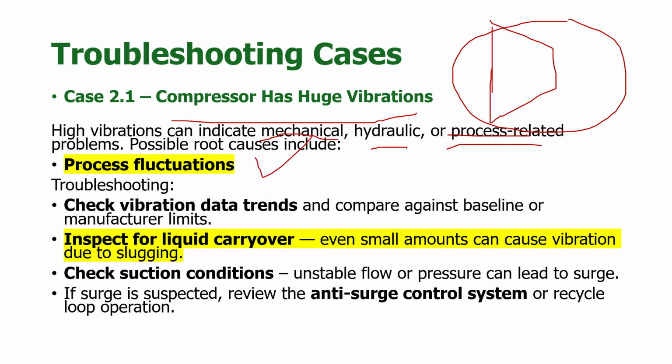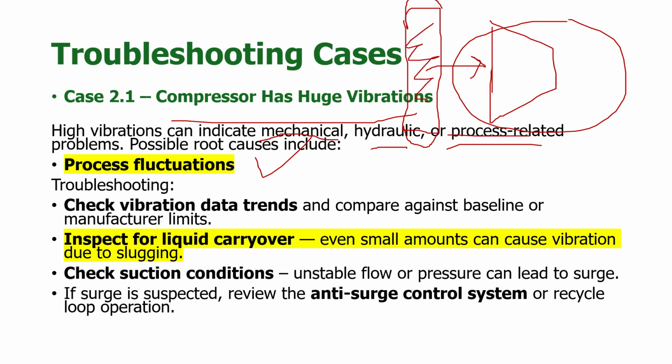What process fluctuations means is that you might have surge conditions or liquid carryover from the upstream separator. As I told you, before this compressor I had a vertical separator, and from the upper part of this vertical separator the gas goes through the compressors.